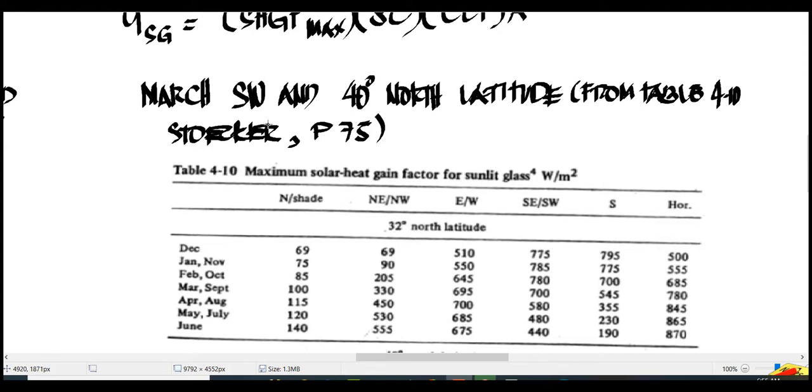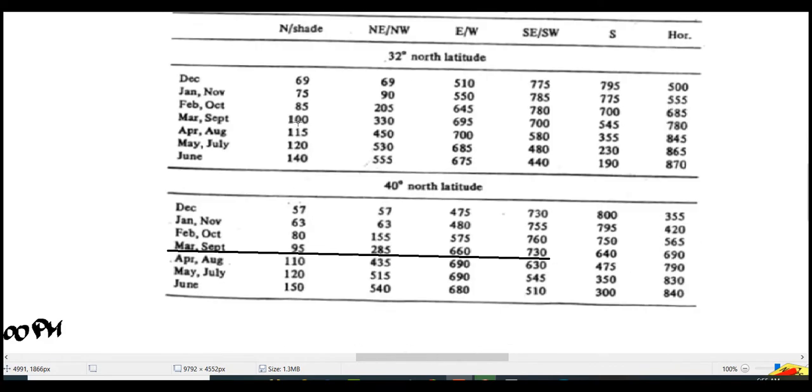Now for March, southwest, and 40 degrees north latitude, from the table of Stoker on page 75, March, 40 degrees latitude, and southwest, the solar heat gain factor is 730 watts per square meter.